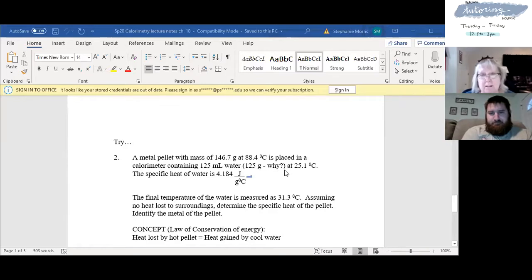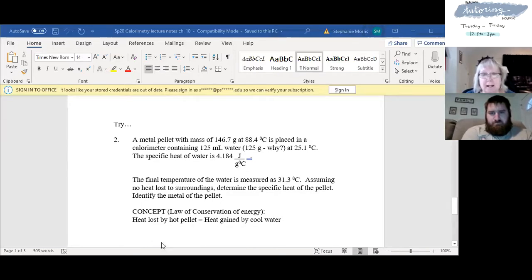Well, let's do the reasoning here. If you have something super hot or warm and you're putting it in something cool, your final temperature has to be in between. It can't be higher than 88.4 and it cannot be lower than 25.1.